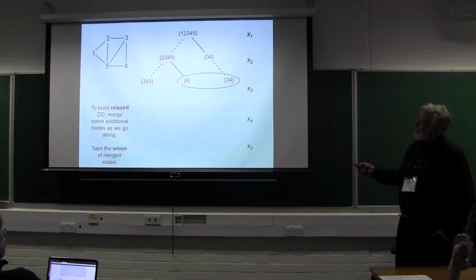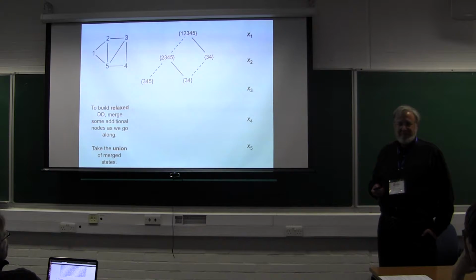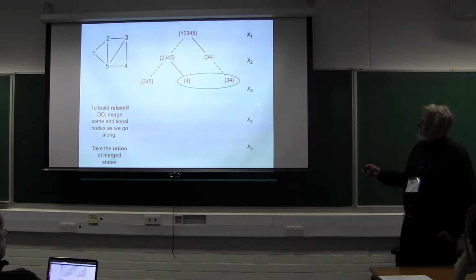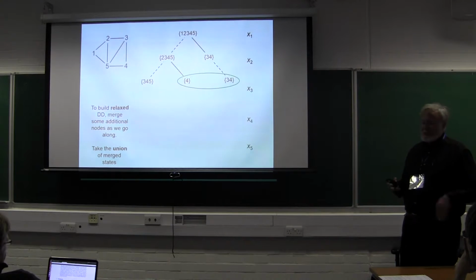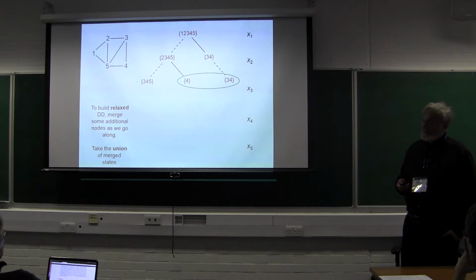So I'm just going to merge these two states, like that. Now when I merge the states, I'm going to introduce some spurious solutions, infeasible solutions. But the way I merge the states in this case is to take the union of the corresponding states. That happens to work for this particular state representation. But in general, I'll show you other examples of how you merge states to get a valid relaxation.